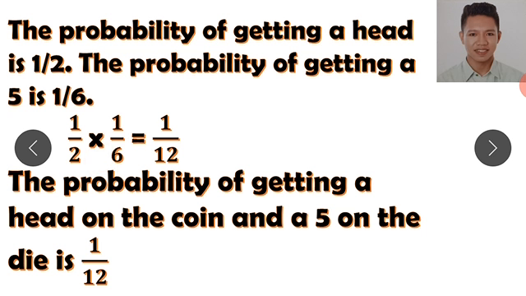So the probability of getting a head on a coin and a 5 on a die is 1/12. I will repeat how to get the probability. First, get the probability of getting a head and the probability of getting a 5, then multiply to get the answer.